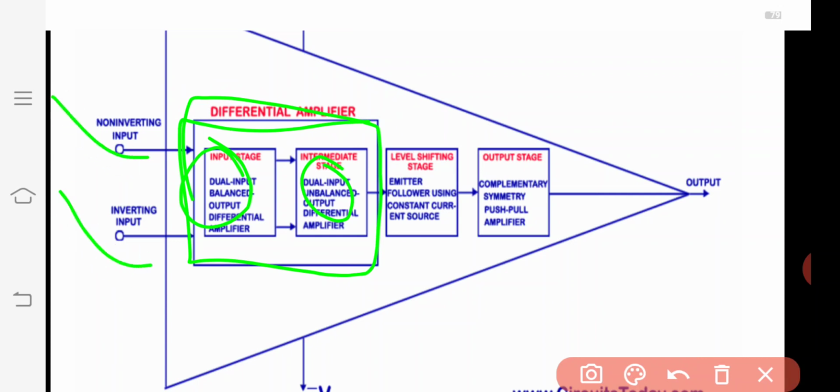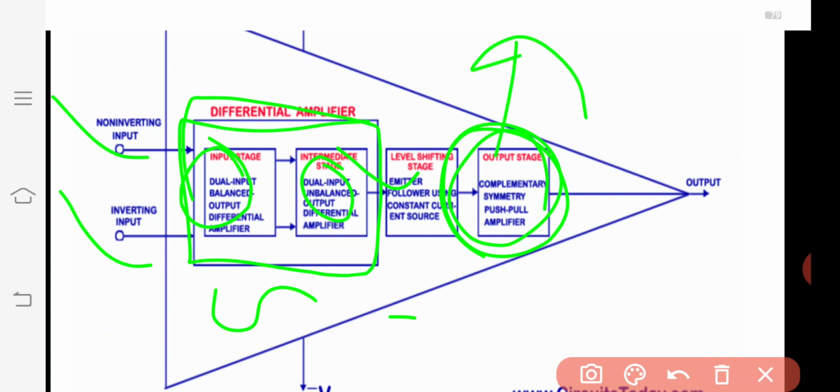Level shifting stage: an emitter follower using a constant current source. The level shifting stage is used for the emitter follower, which gives the same output as input. Output stage: a complementary symmetric push-pull amplifier. This push-pull amplifier is used for increasing the output, and after the push-pull amplifier we get more output.